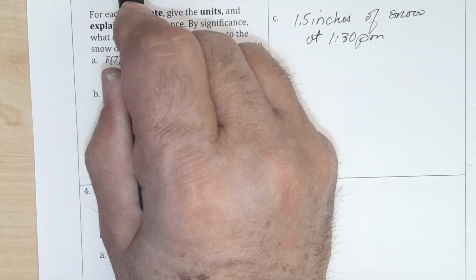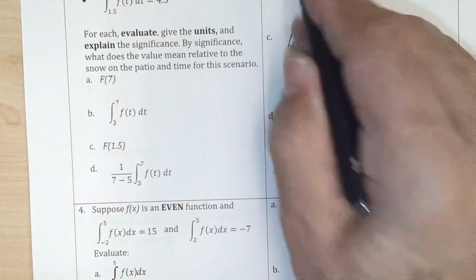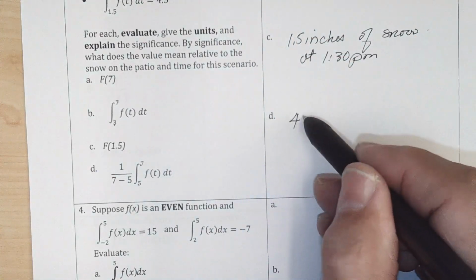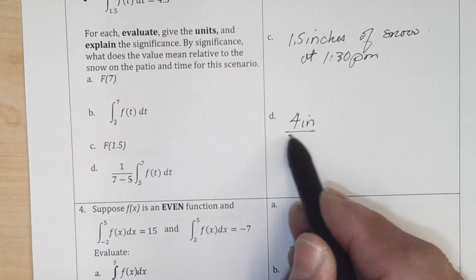And the last one, from 5 to 7. From 5, it was 6 inches. At 7, we figured out 10 inches, so it went up 4 inches from 5 to 7 in the 2 hours.